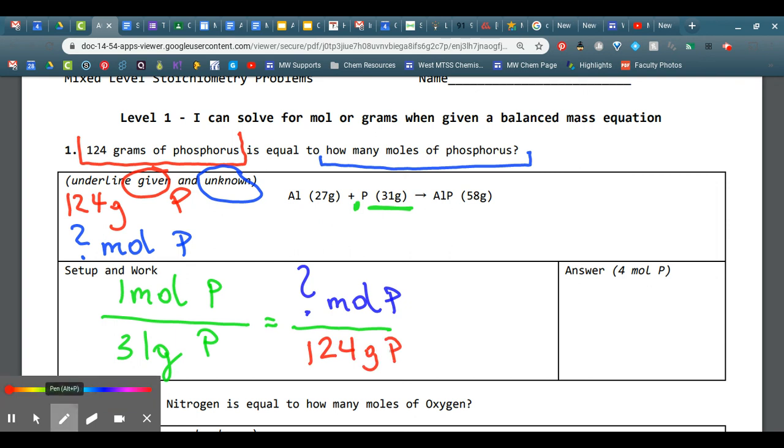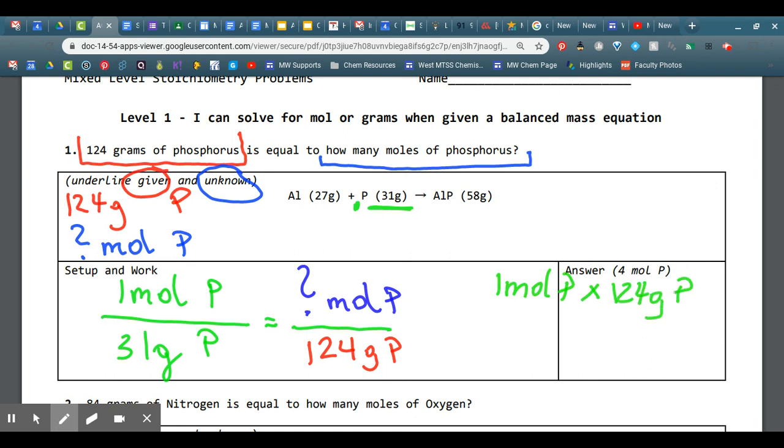Okay, from now on, we're just going to go ahead and cross multiply and divide. I am looking for moles of P, the stuff in blue. Okay, so I am going to go ahead and multiply 1 mole of P times 124 grams of P divided by 31 grams of P. It's very important that you get rid of your units here.